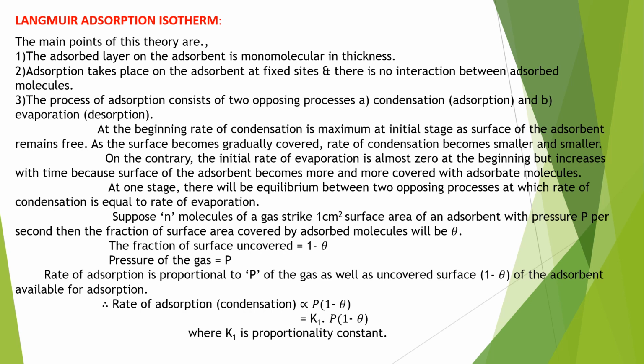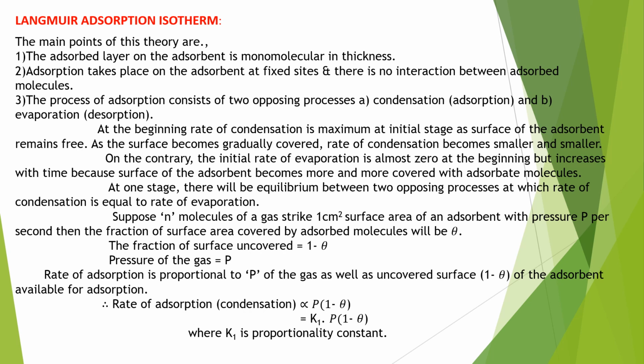On the contrary, the rate of evaporation at initial stages remains zero, but as time passes the surface is getting covered by the adsorbate molecules, and it increases with time. But at one stage, there will be an equilibrium between these two processes at which the rate of condensation becomes equal to the rate of evaporation. Understood students? All the 3 points.